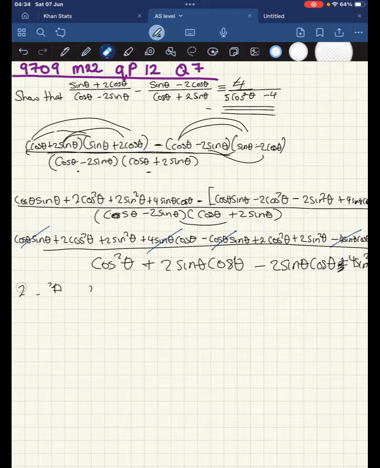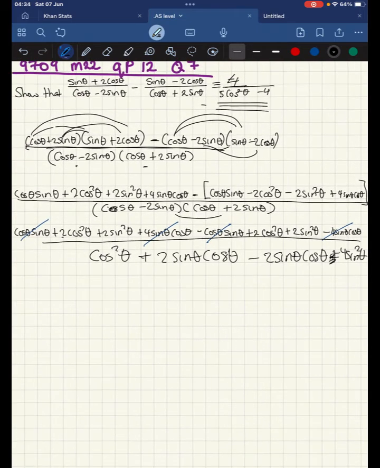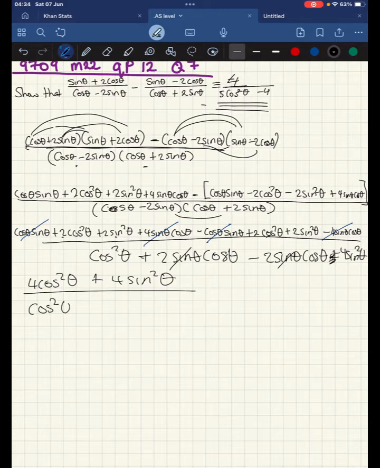I'm not going to write all of that out, you can just do the math together. We have this one, 2, that becomes 4. You have this one, and that one becomes 4 sine squared theta. Here, this cancels out, so we have cos squared theta minus 4 sine squared theta.